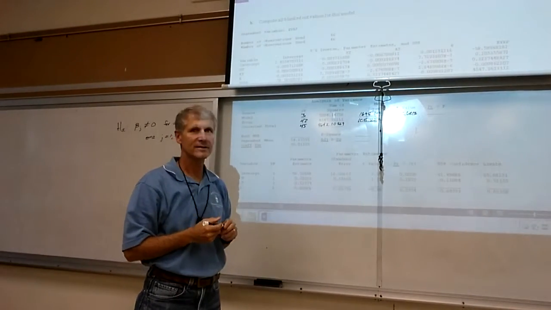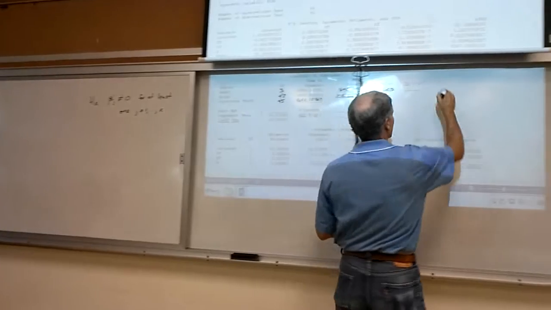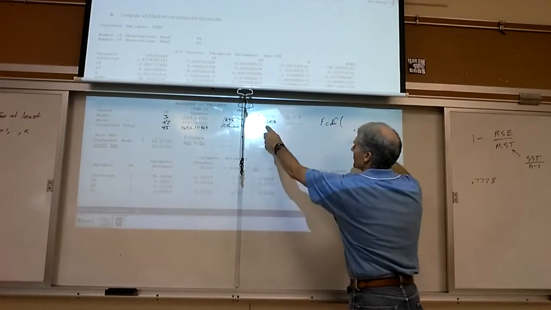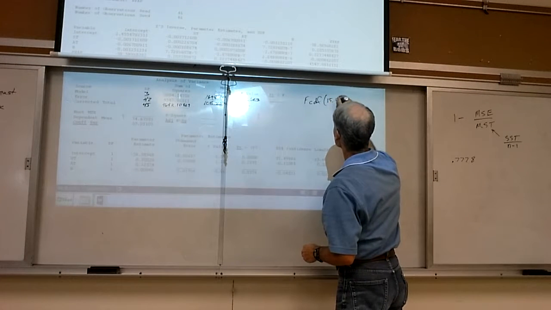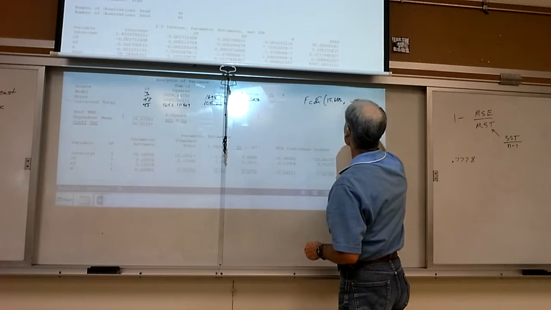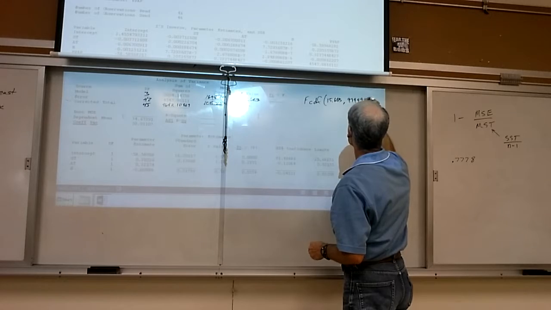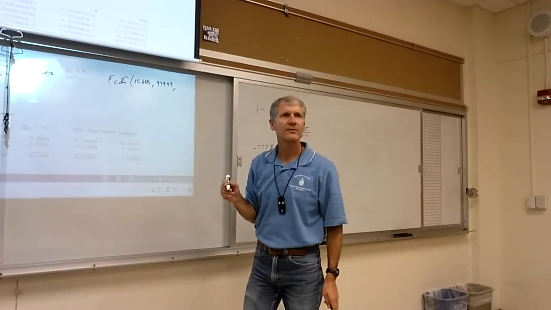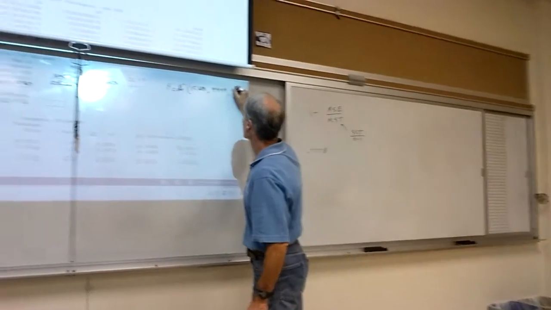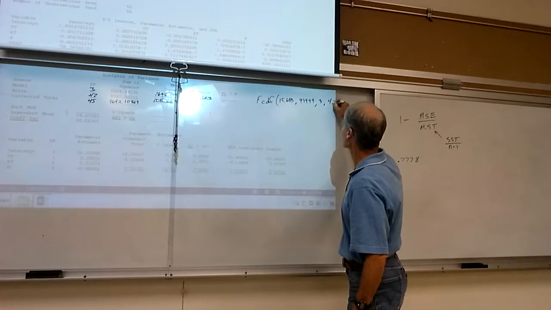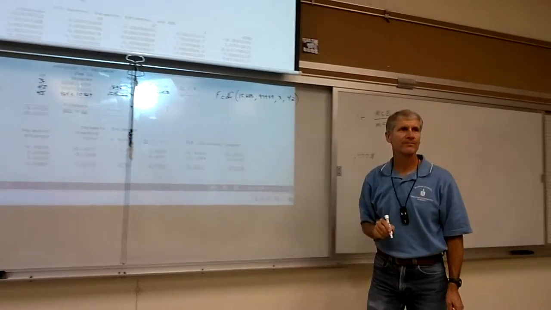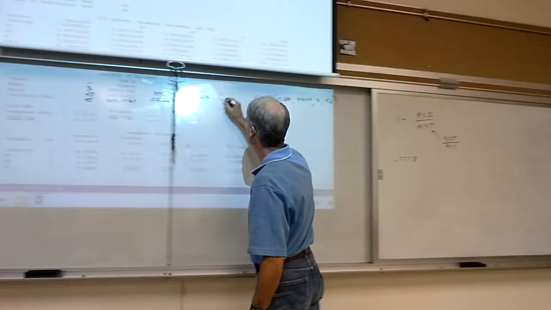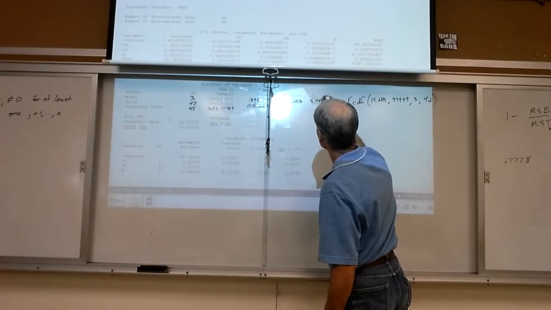Okay, 15.6813. And a p-value. So we do the F. Yes. Okay, you go FCDF on your TI-84 from that number, 15.6813, comma, infinity, comma, we have degrees of freedom for numerator, which is 3, and degrees of freedom for denominator, which is 42. 5.467 E to the -7.